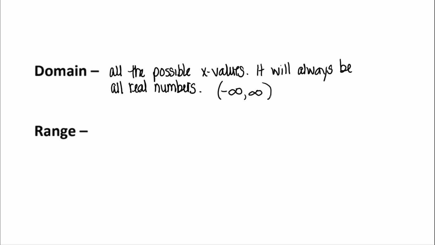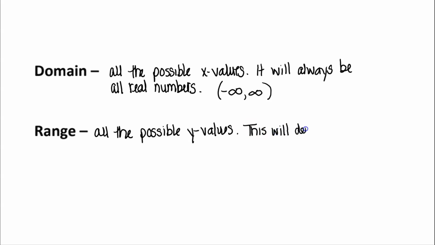Now your range, which is all your possible y values, will depend on where your vertex is and which way the graph opens up.